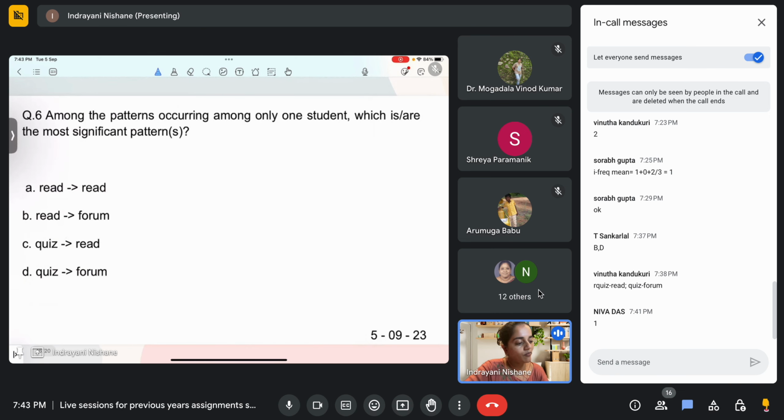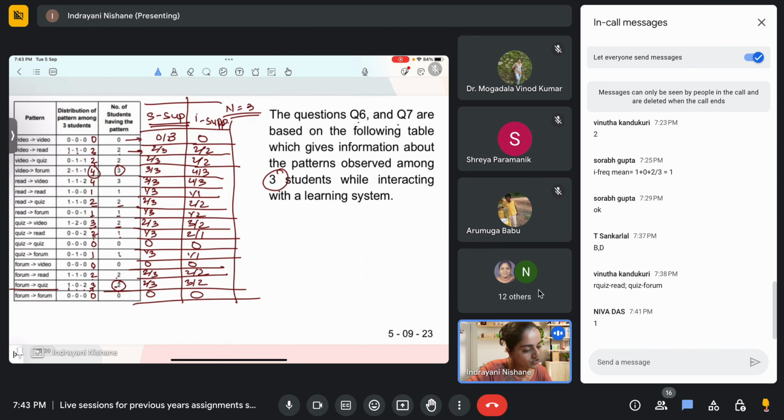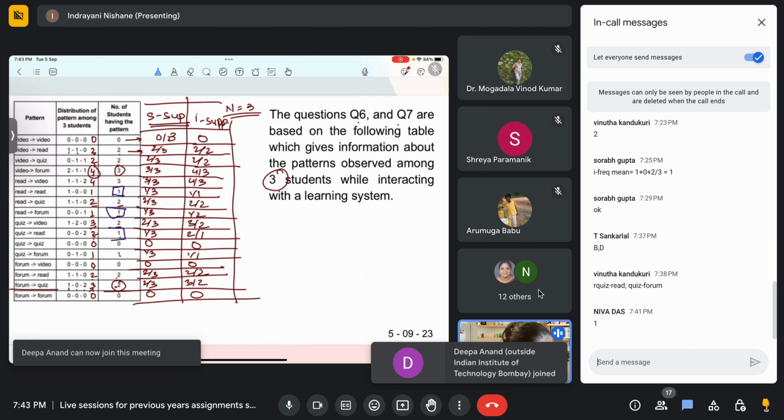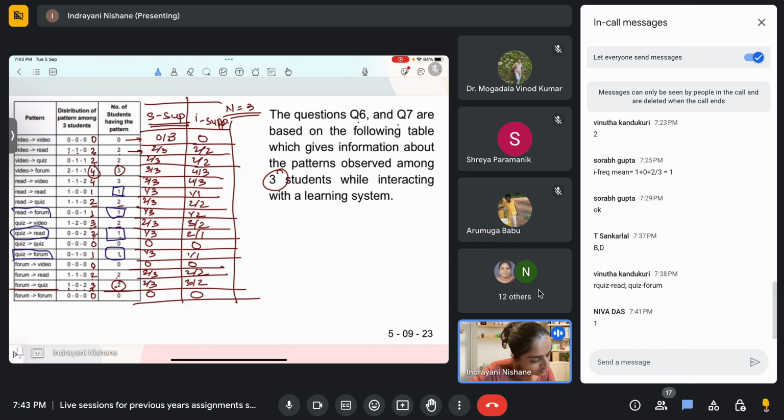Question 6 says, among the patterns occurring among only one student, which is the most significant pattern? So we have to consider only the patterns observed for one student. Let me change the pen color, let us do blue. Patterns observed for one student: quiz forum, quiz read, forum, and read.